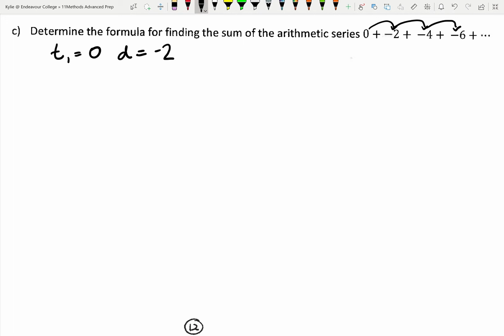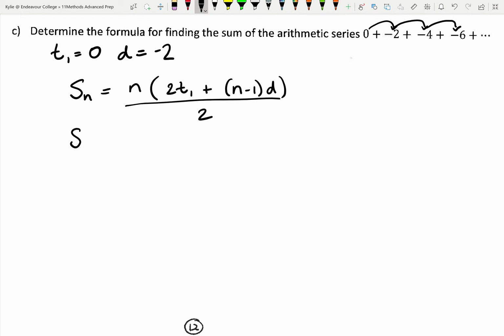We'll start with the most basic form. We don't know what our last term is, so we're not going to use the version that's got the last term in it. We're going to use this one: n outside of 2 T1 plus n minus 1 D, divided by 2.